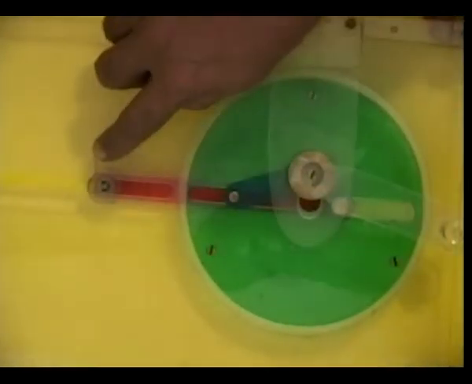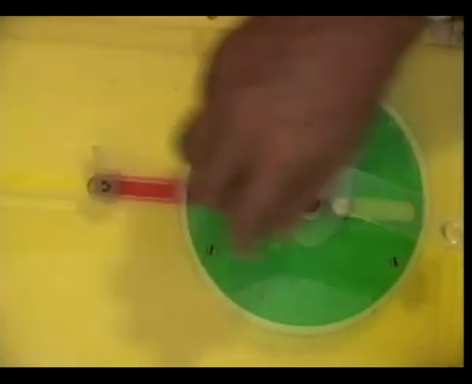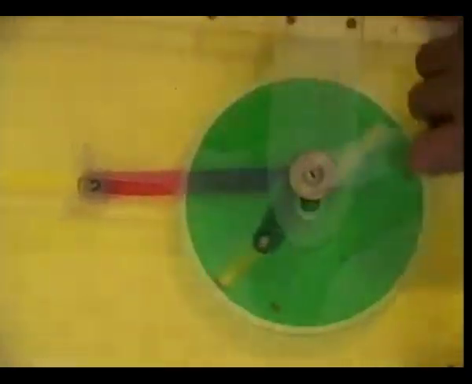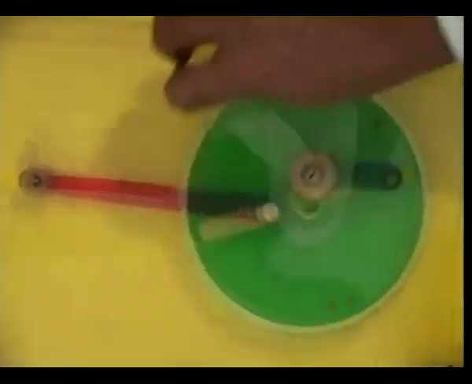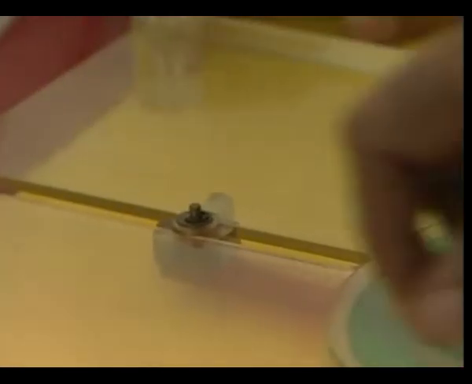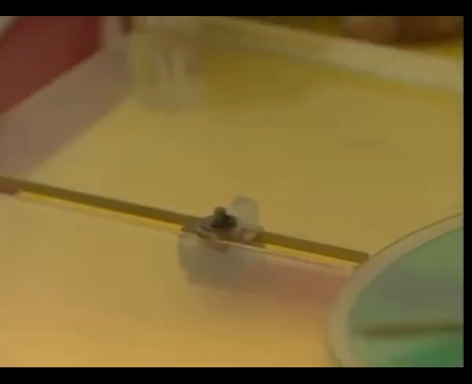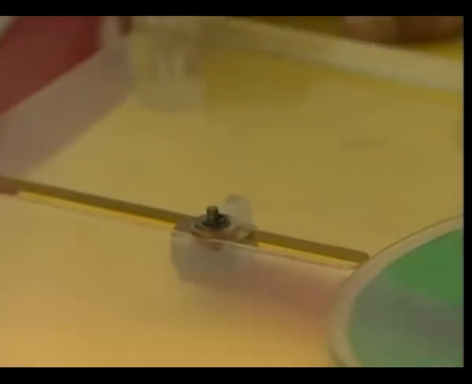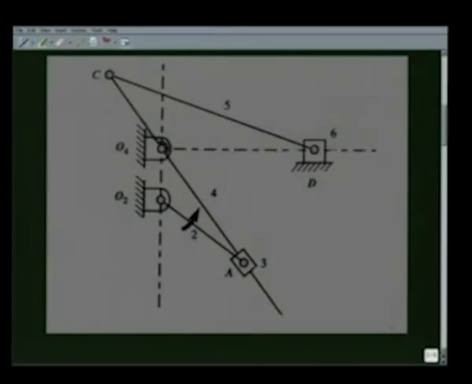So, if we consider this as the cutting tool which is cutting in that direction, then we should rotate it in the opposite direction. It is cutting slowly and returning much faster. Next, we shall see the kinematic diagram of this Whitworth quick return mechanism and analyze its quick return ratio. This is the kinematic diagram of that Whitworth quick return mechanism.